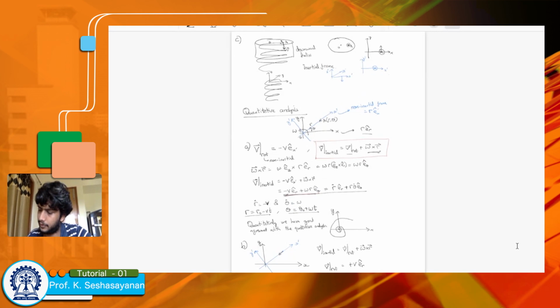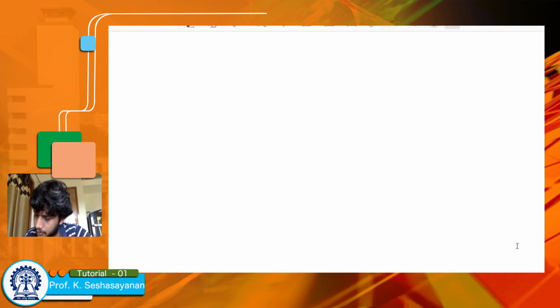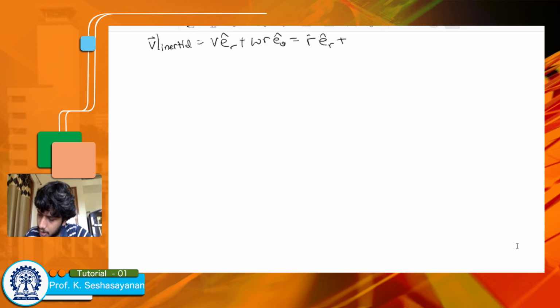So we can again integrate this. In polar coordinates, we'll write this as R dot ER hat plus R theta dot E theta hat, and we get R dot equal to V and theta dot equal to omega. So now we get R equal to R naught plus Vt and theta equal to theta naught plus omega t.